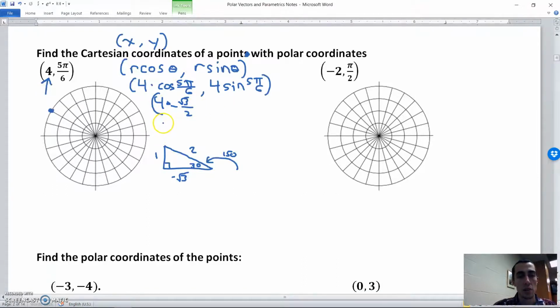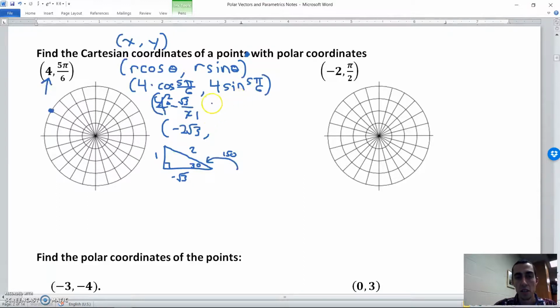And then let's multiply those together. 4 over 1. We can cancel out a 2 from that 4, cancel out that 2 on the bottom. And we're going to have 2 times negative root 3, which is negative 2 root 3 over 1.